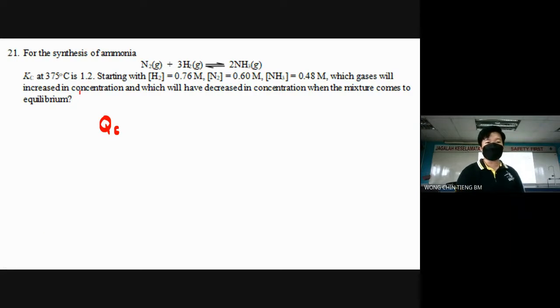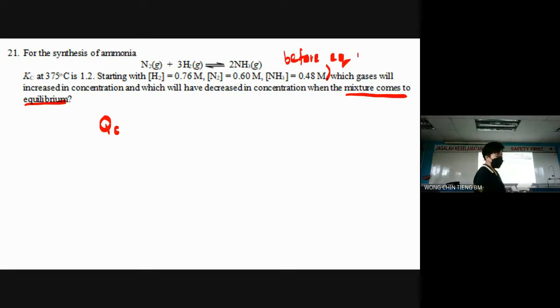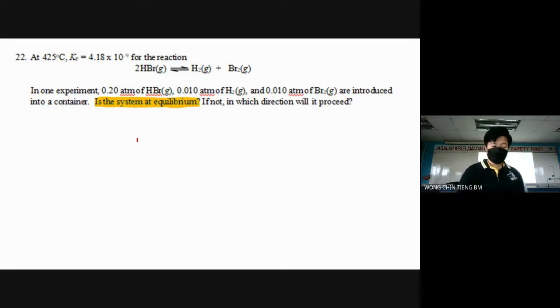Which gas will increase or decrease in concentration, which will have decreased when the mixture comes to equilibrium? When the mixture comes to equilibrium, it means all this is before equilibrium. Before or after, what's certain is it's not yet at equilibrium. Okay. Less than. Okay, someone calculated less than. This one?